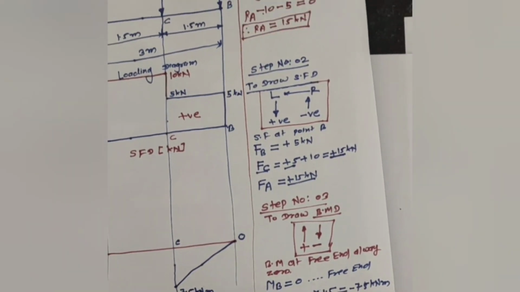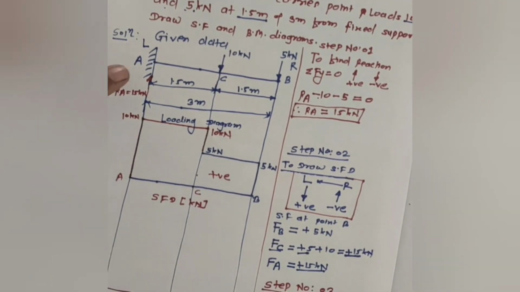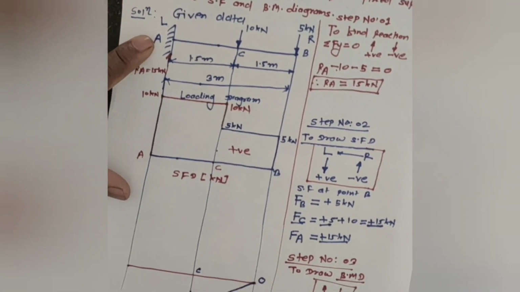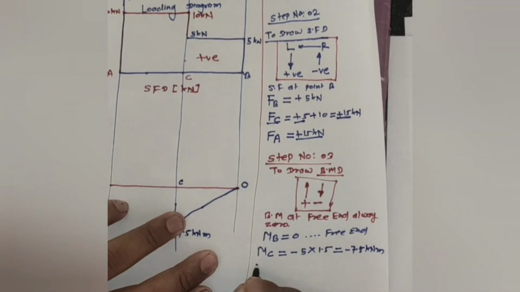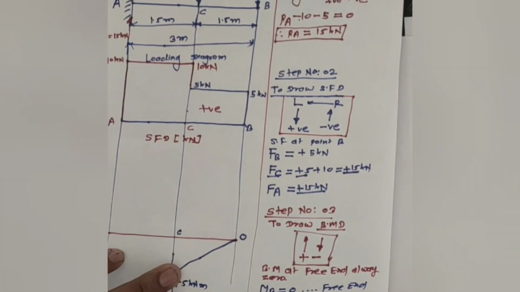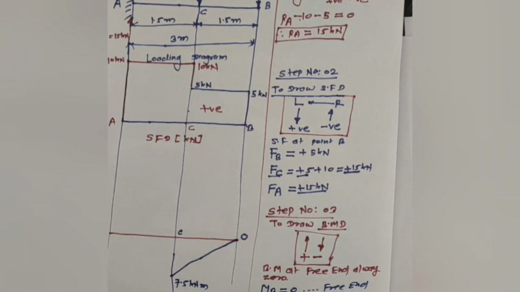Okay. The next point is A. To draw the bending moment about point A, again I have already told you the concept: for each point you have to start from the free end.